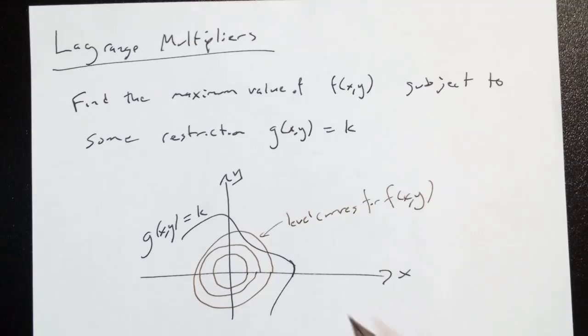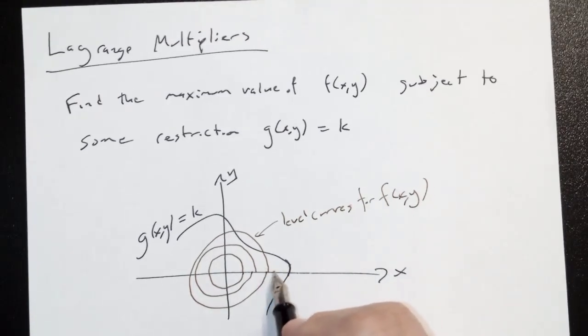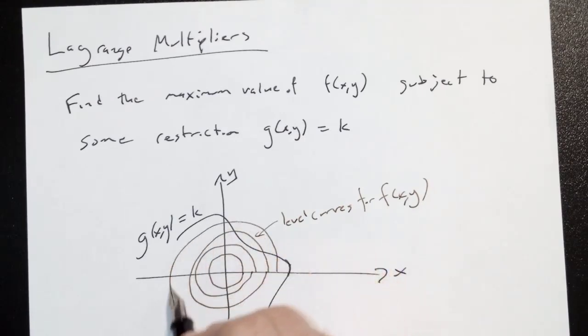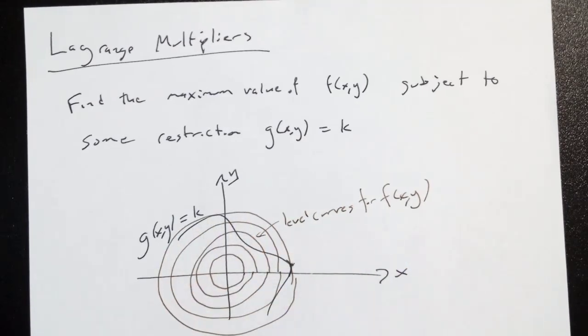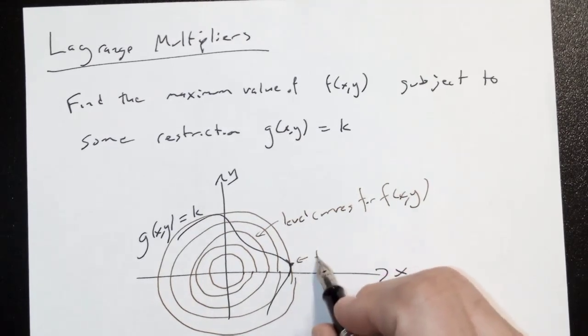There's got to be some other level curve somewhere out here, or maybe out here, where there's a point where the level curve and G are tangent.